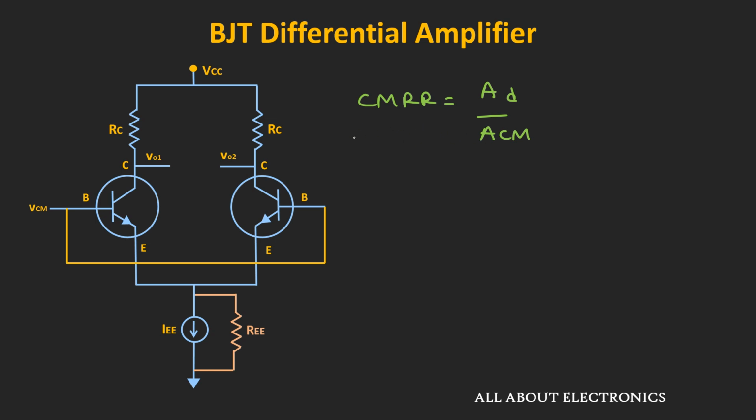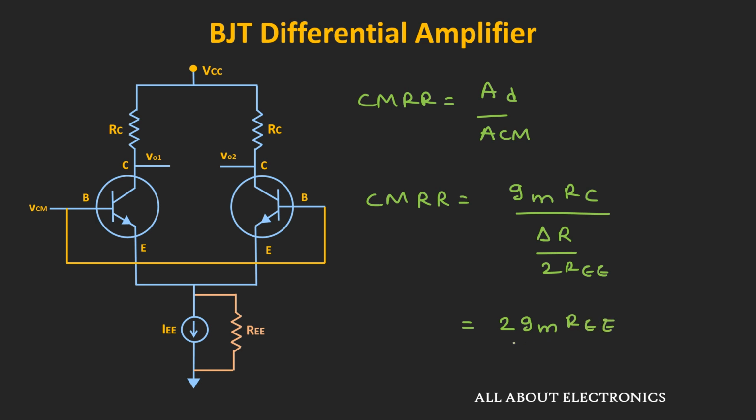So in this case, if we see the value of the CMRR, then the expression of the CMRR will be equal to GM times RC divided by delta R divided by 2 RE. Or we can say that it is equal to 2 times GM times RE divided by delta R divided by RC, right?